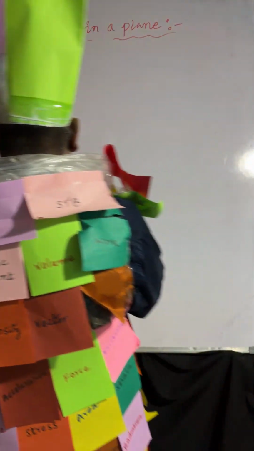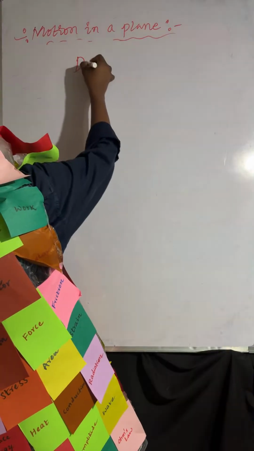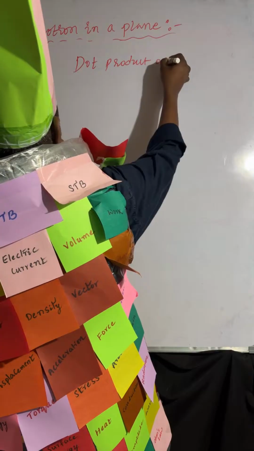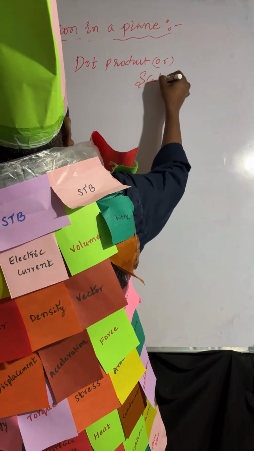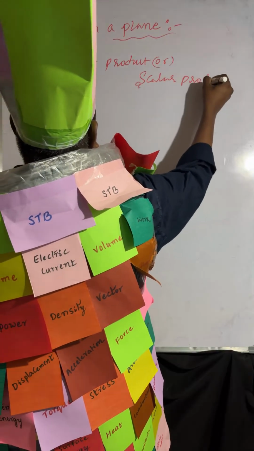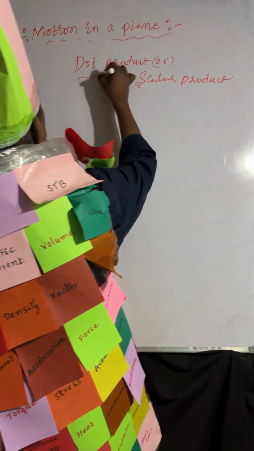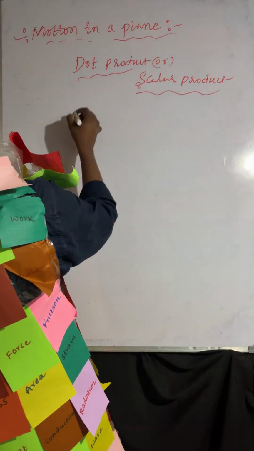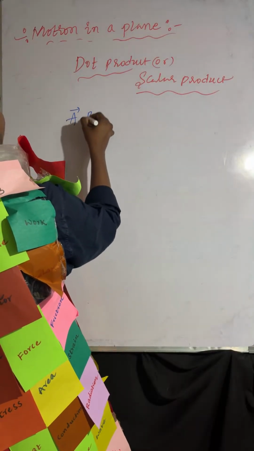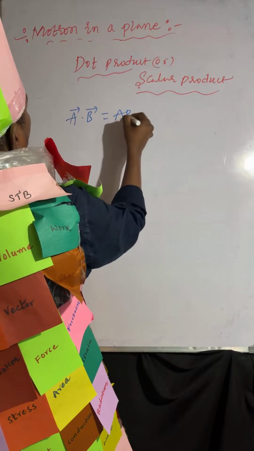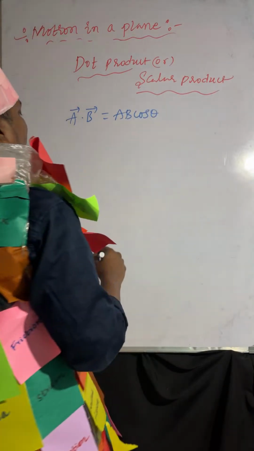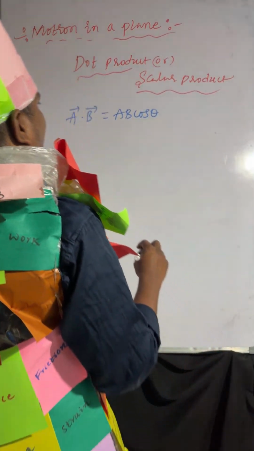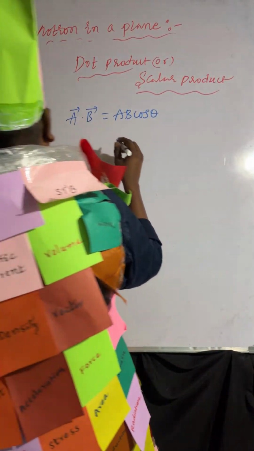The dot product of two vectors: a bar dot b bar equals ab cos theta. So the dot product of two vectors is equal to the product of their magnitudes and the cosine of the angle between them.